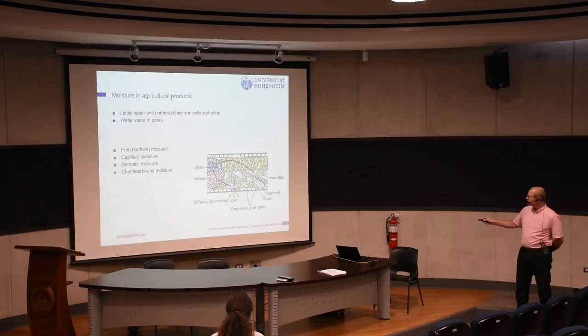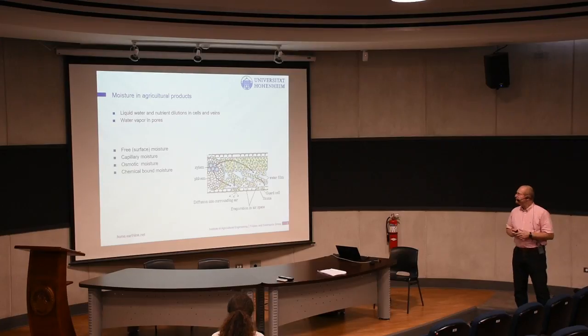Here is such a stoma, such an opening, and air and water vapor can be exchanged here. And also some veins here, and in the xylem we have water flow, and in the phloem we have sap flow in a plant. You see that water is there in different forms in the plant. And in a fresh plant, plenty of it, around 80% is water.